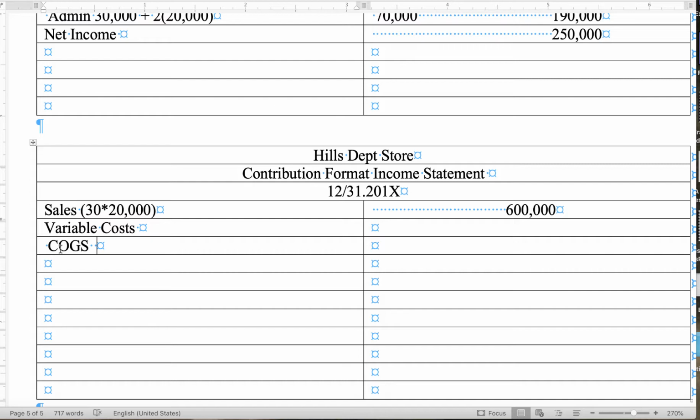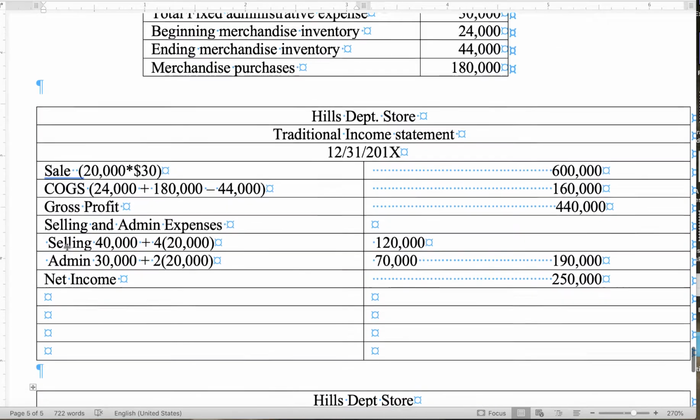What was my beginning balance? $24,000 plus 180,000 minus my ending balance of 44,000 gives me $160,000. Okay, 160,000. What's the next variable cost that we have?